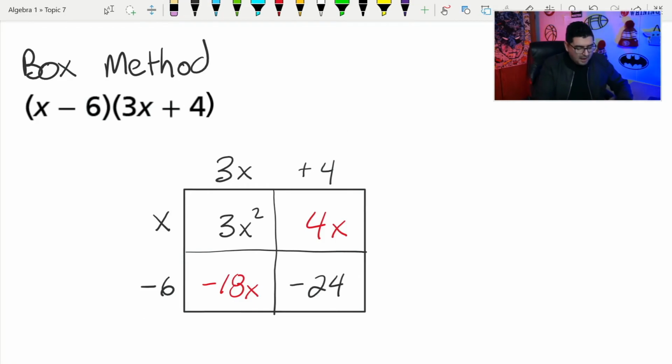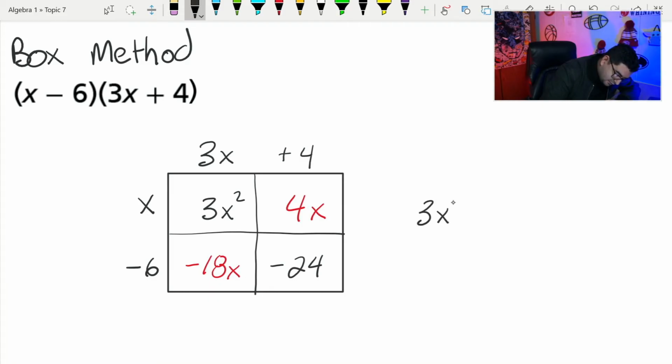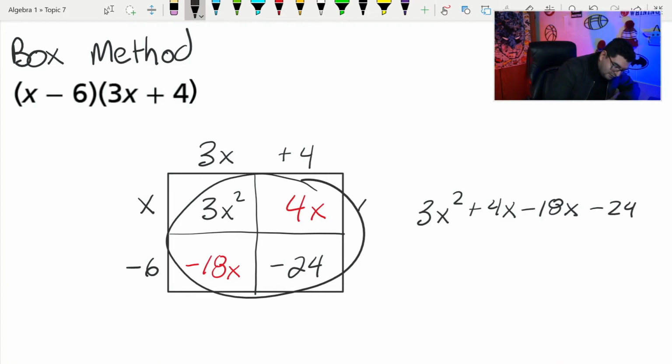And then I simply write down everything that's in these boxes together, and I get 3x squared plus 4x minus 18x minus 24. So I just wrote these in a line.